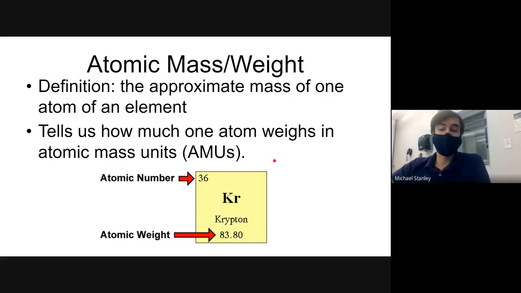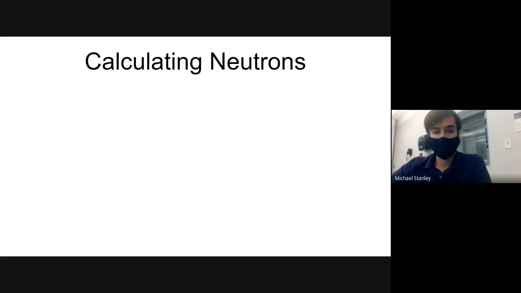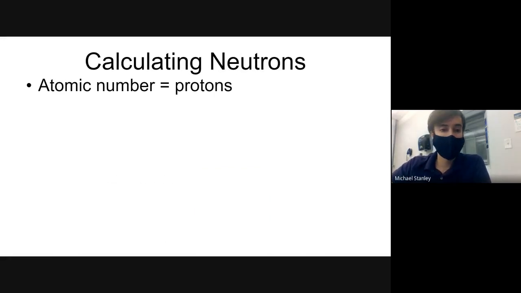Something that Elena was starting to suggest earlier is that knowing the atomic weight is all good and all, but what we really want to know is the number of neutrons that an atom has. Luckily, we can use the atomic weight to figure this out. You may remember I said that the atomic number of our atom is the number of protons that are present.